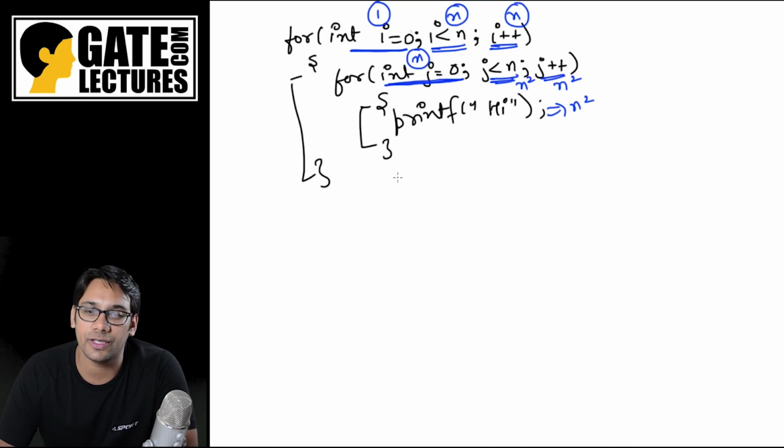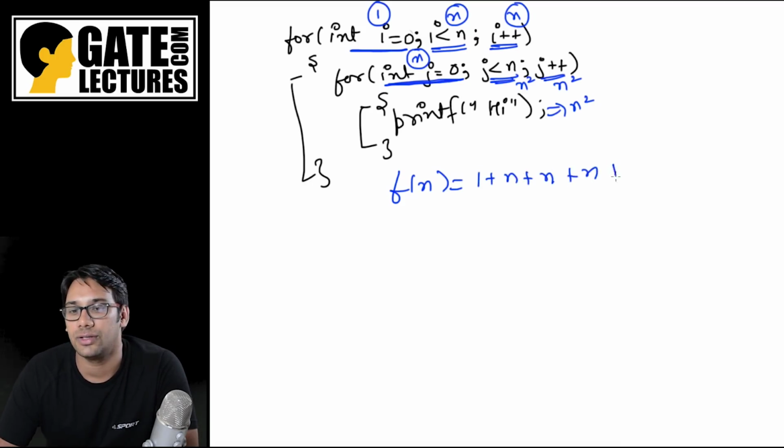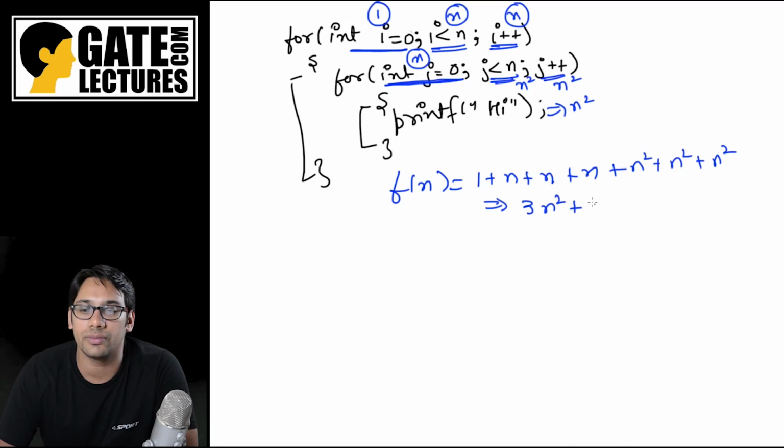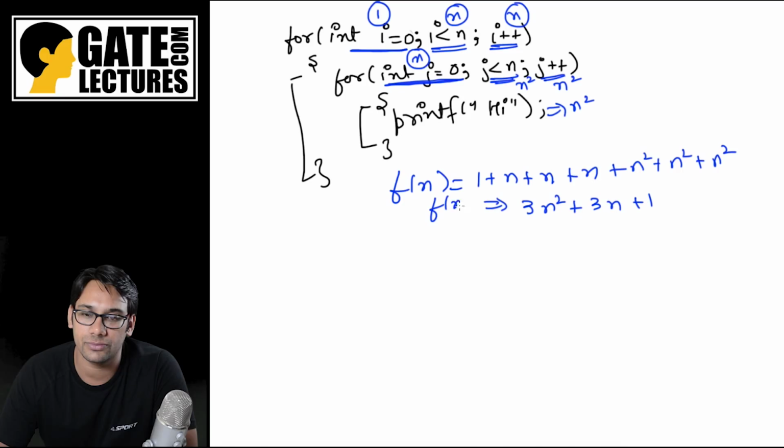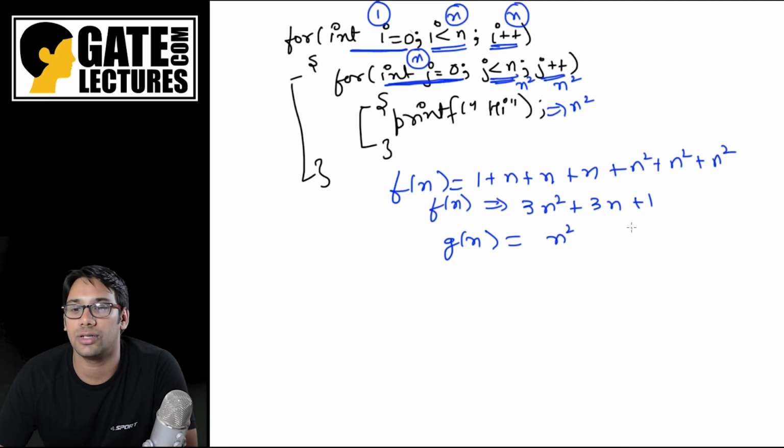So here f(n) = 1 + n + n + n + n² + n² + n², which is going to give you 3n² + 3n + 1. So this is f(n). Now let us assume we are having g(n) equal to n² only, because this is the tightest upper bound to this. We may have g(n) equal to n³, but this is the tightest one. Okay, now can I say that f(n) is order of g(n)?